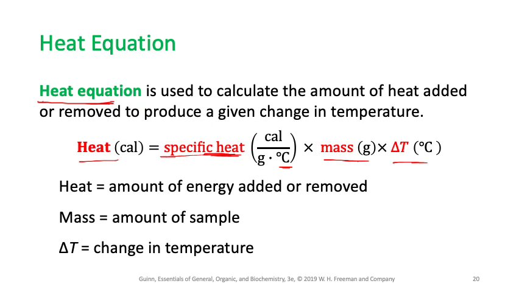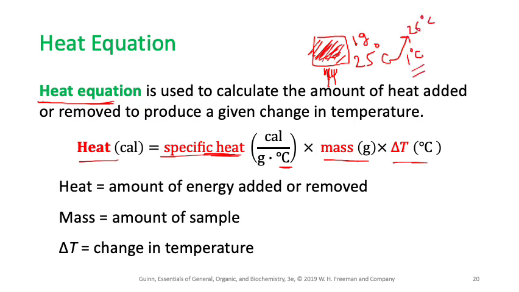Let's take an example. If you have a solid substance, and right now the temperature of this substance is 25 degrees Celsius, and the amount is 1 gram. So if I ignite this thing, how much heat energy do we need to provide so that the temperature of this matter changes from 25 to 26 degrees Celsius?